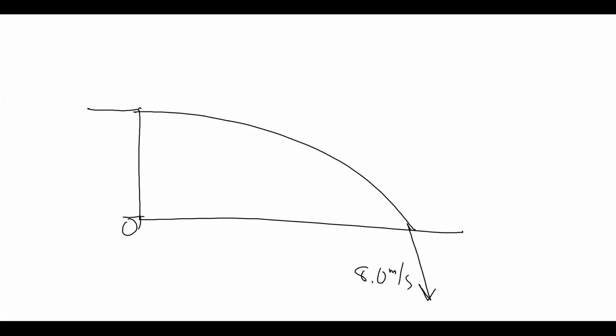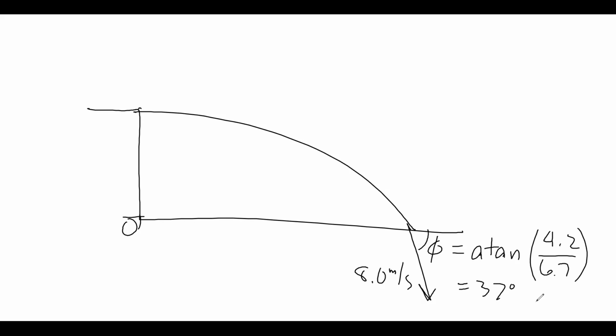Typically, we reserve the Greek letter phi for impact angle and theta for launch angle. So this is the arctangent of the final components, arctangent of 4.2, the y component, over 6.7, which equals 32 degrees.